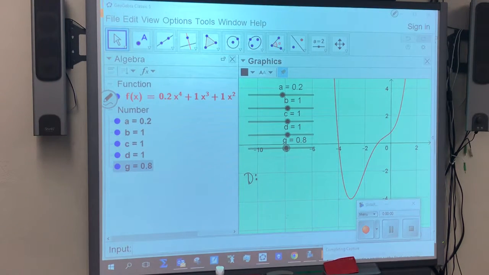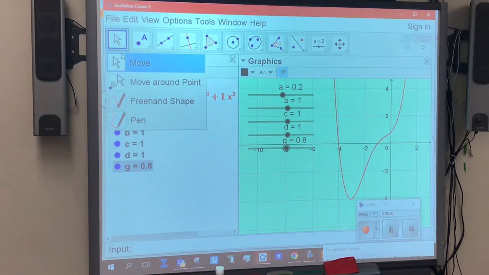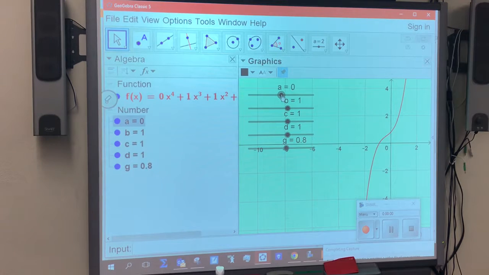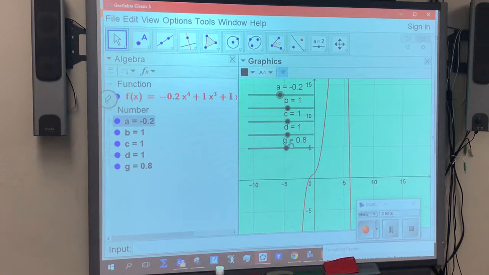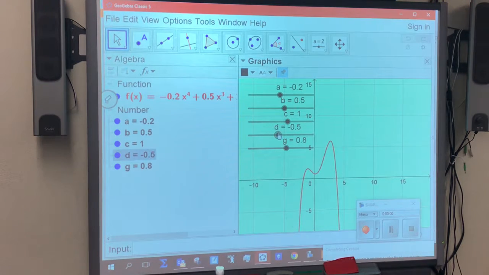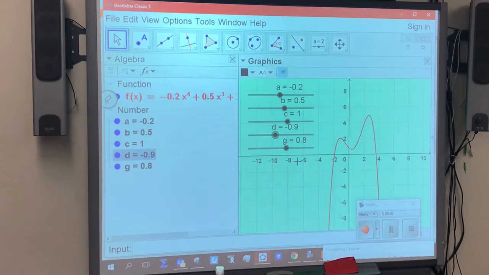Actually, let me do this, because I think it maybe makes more sense or is beneficial to flip this. Let's shrink that down. All right, good enough.